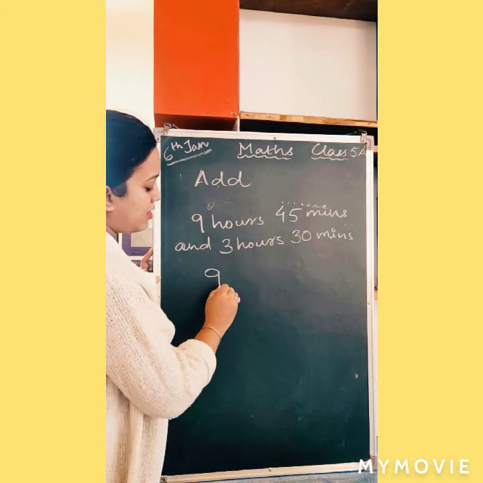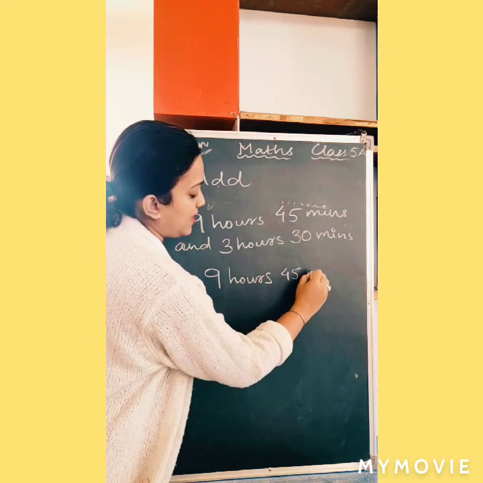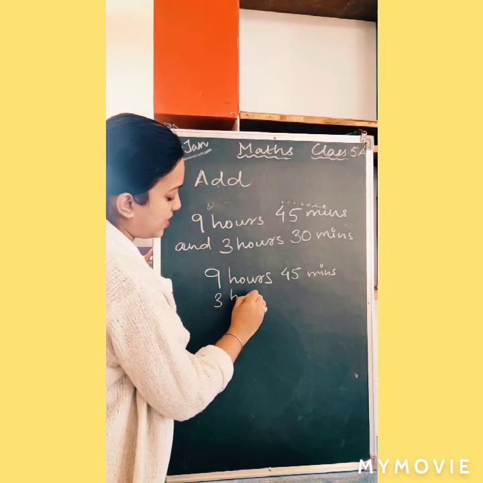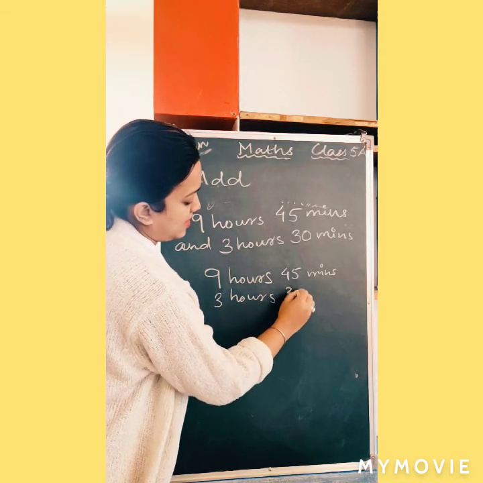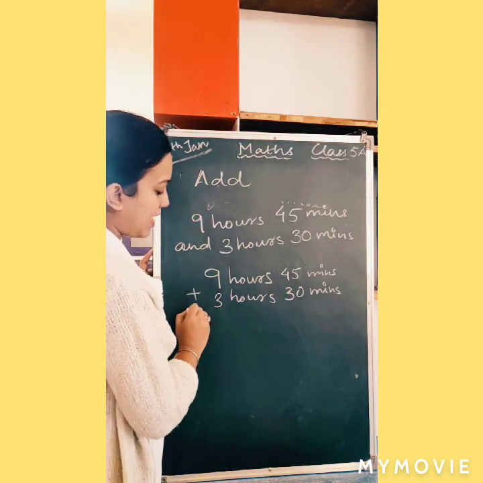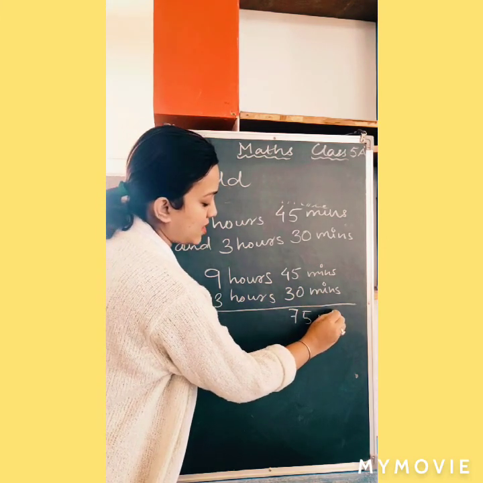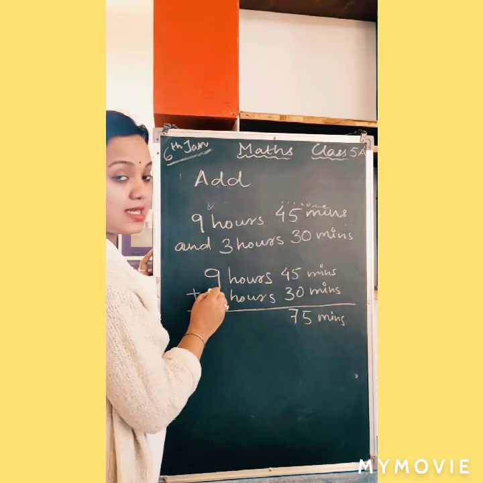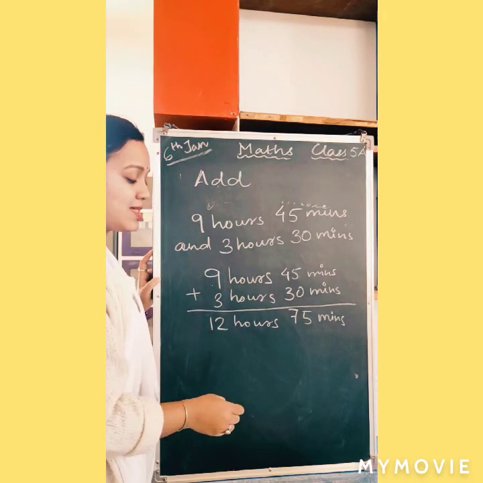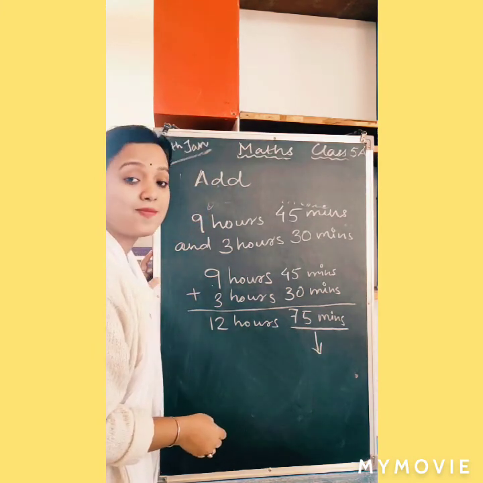So now what I will do, I will plot it properly. 9 hours 45 minutes, then 3 hours 30 minutes. Correct? Now I am going to add this up. If I add it, I get 75 minutes here and here 9, 10, 11, 12. So 12 hours. Now students, see, in this part it has exceeded 60 minutes.